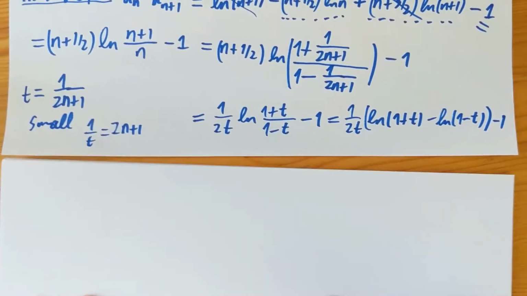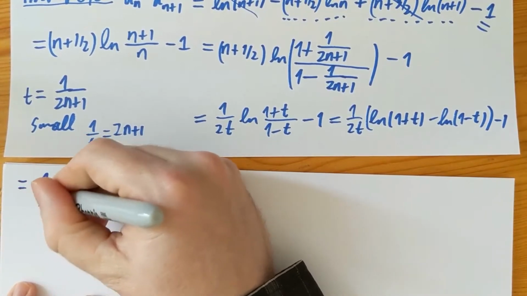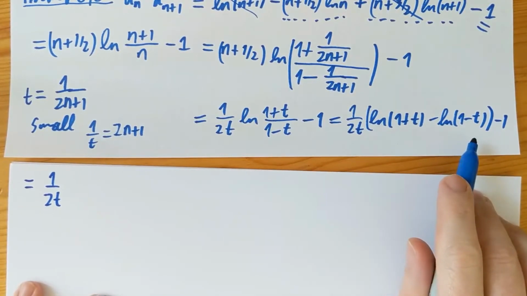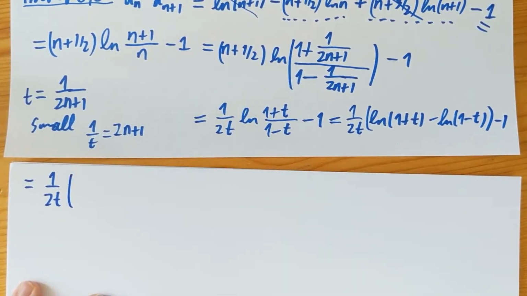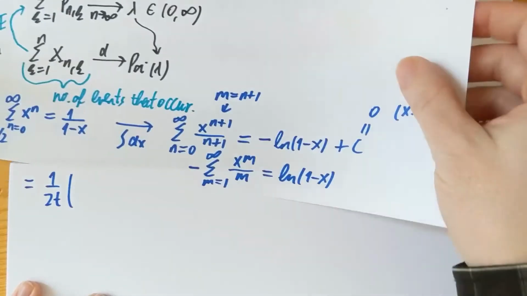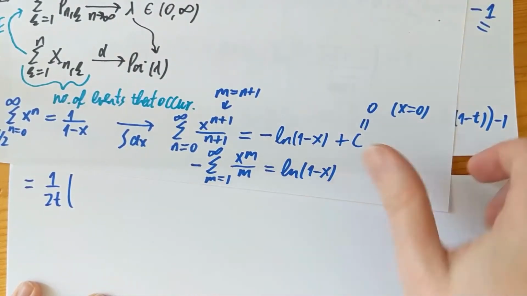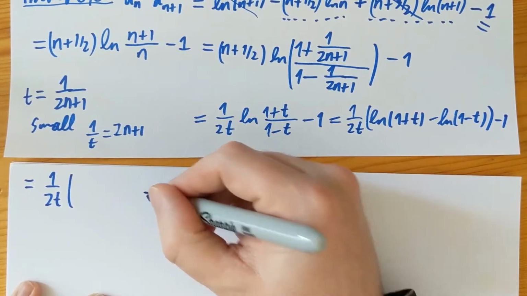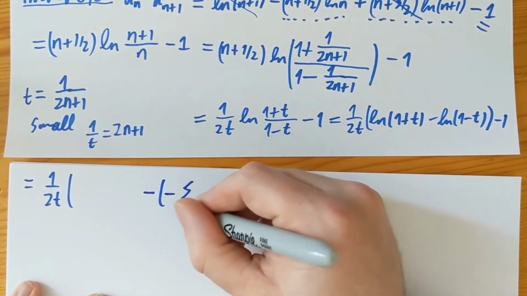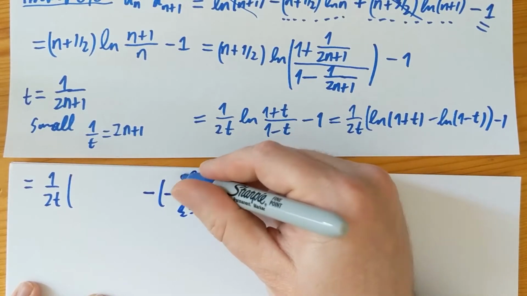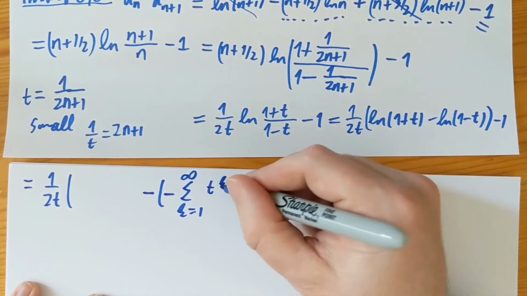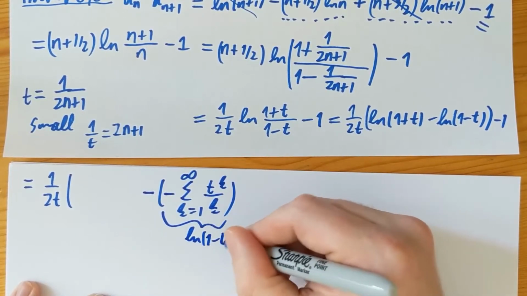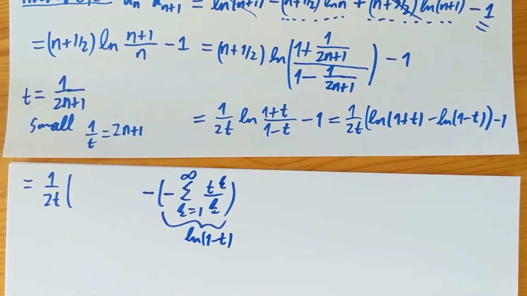So this is going to be 1 over 2t, and for log of 1 minus t, I can just plug in minus the sum of x to the m over m, except I'm going to use k. So minus the sum from 1 through infinity of t to the k over k. This thing here was, according to the law of rare events video, log of 1 minus t.